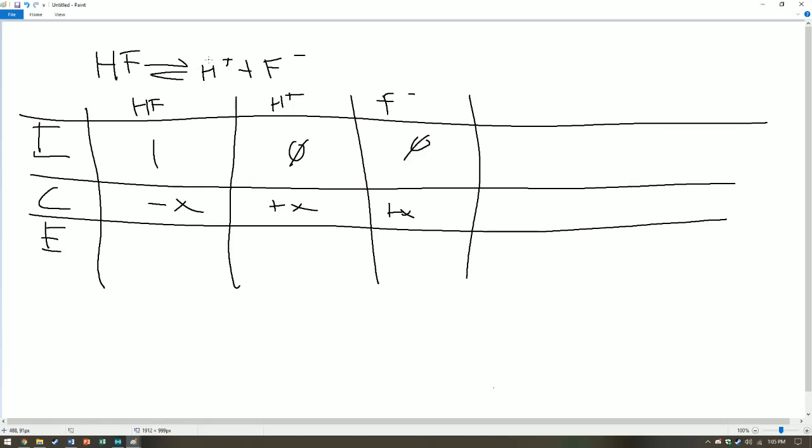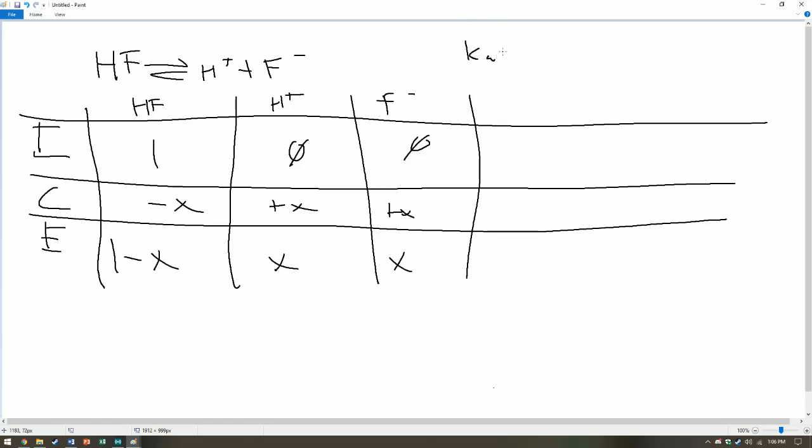We relate it stoichiometrically, so if there was a 2 here, and we said this decreased by x, well, this would be increasing by half x, and so on and so forth. Then the equilibrium concentrations are 1 minus x, x, x. We can set up our expression here.